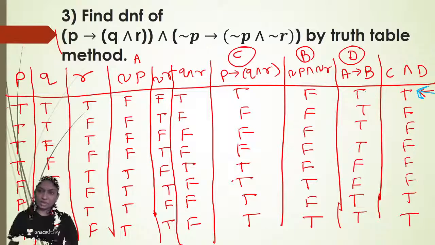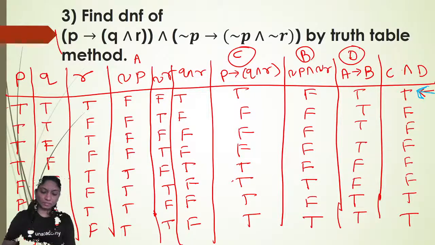So the corresponding values of PQR for that T, we will write here: P, right? True, it means here also true. Right? Here is also true.